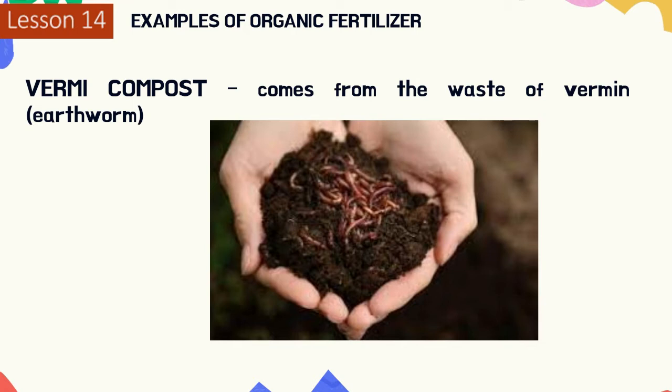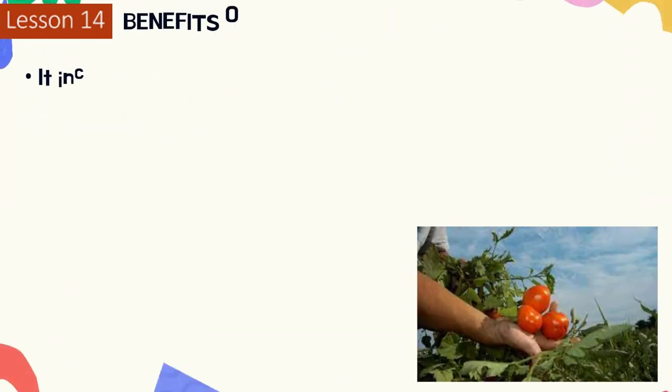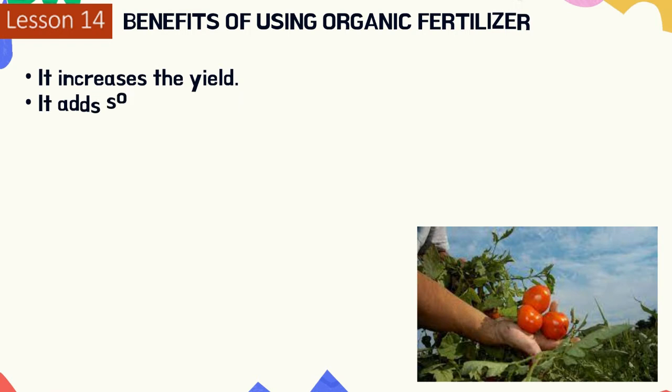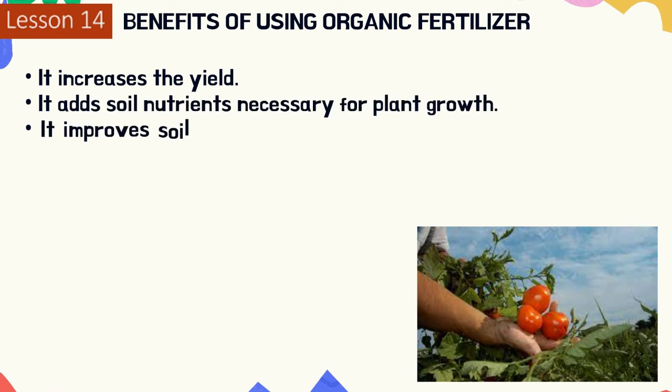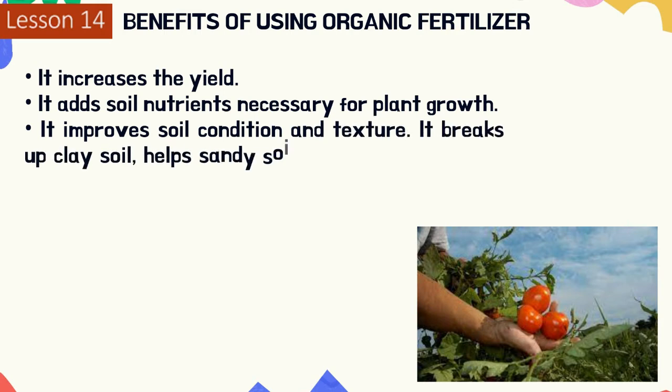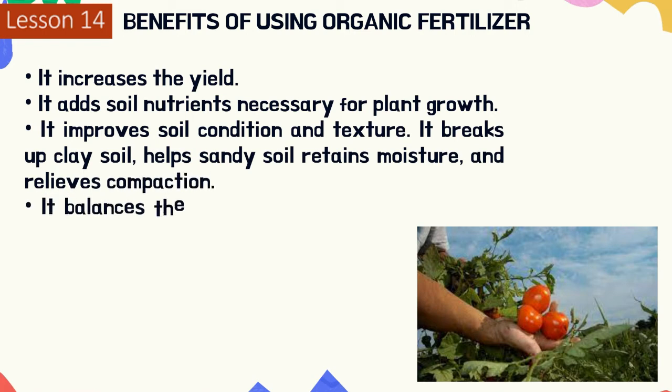Now let's discuss the benefits of using organic fertilizer. Okay, the following are the benefits. First, it increases the yield. Then, it also adds soil nutrients necessary for plant growth.